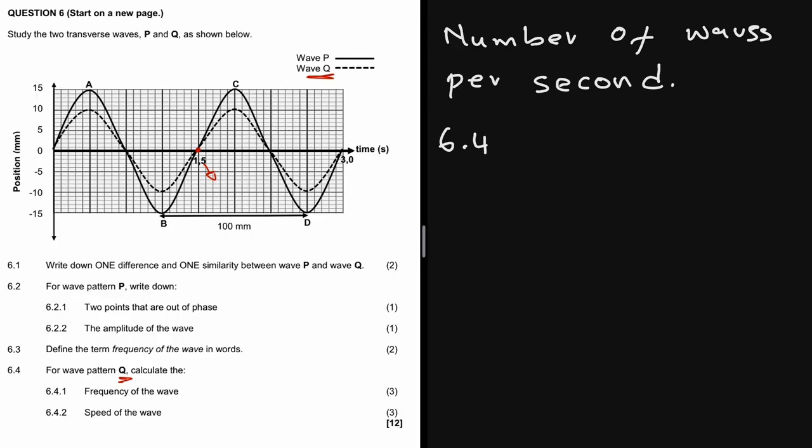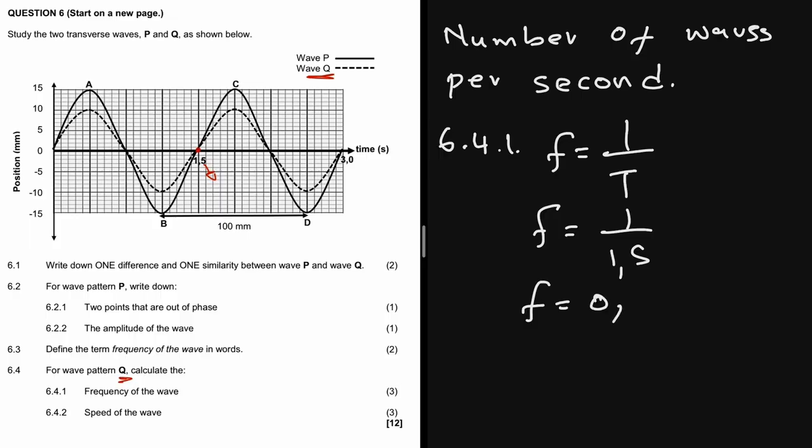We have already explained that. So to determine the frequency of wave Q, we're just going to say frequency is the same thing as 1 over period. So to get the frequency, we're going to say 1 over 1.5, and therefore we're going to get the frequency of wave Q. So the frequency is 0.67 hertz.